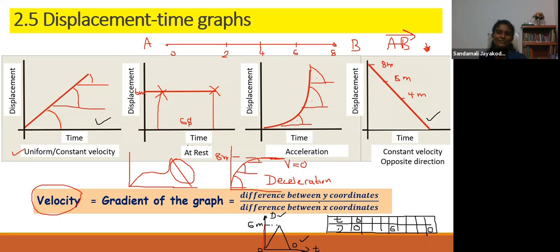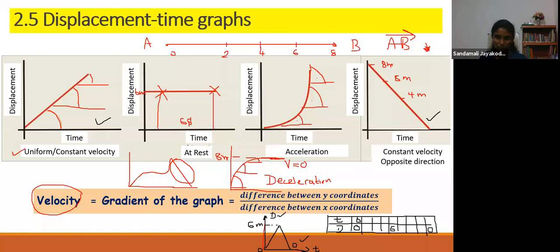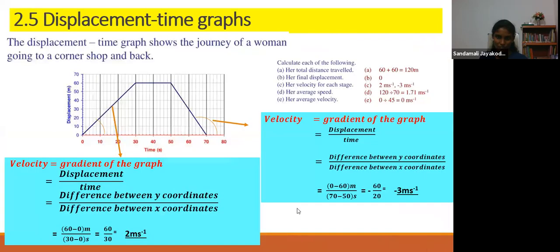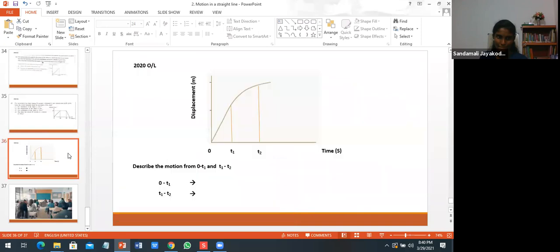That is how the displacement time graphs work. Normally we will get each of these shapes in the exam as a small question. I will show you a little question like this. This is a normal displacement time graph.